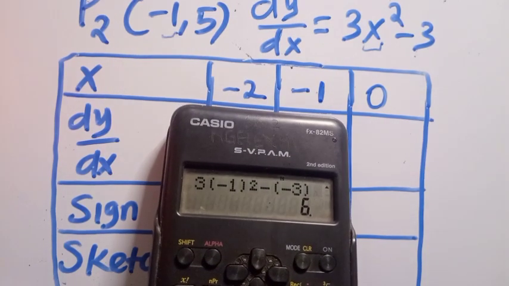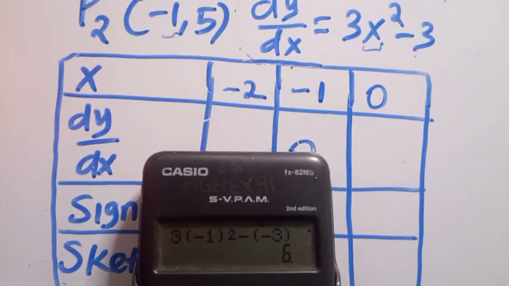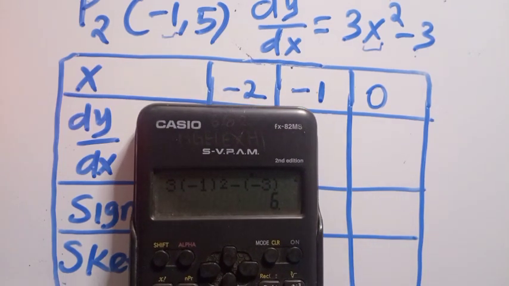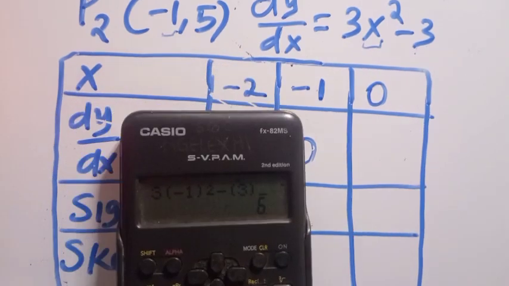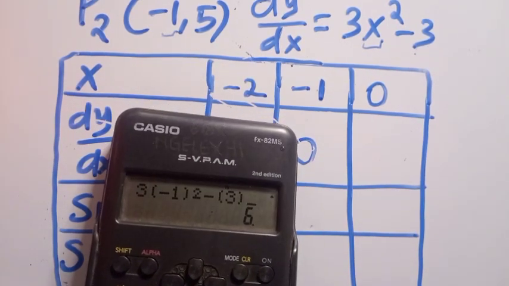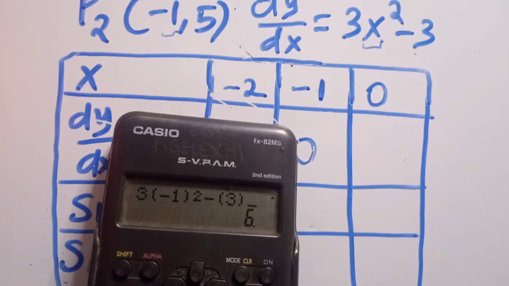What do we obtain? That is 3x squared minus 3.